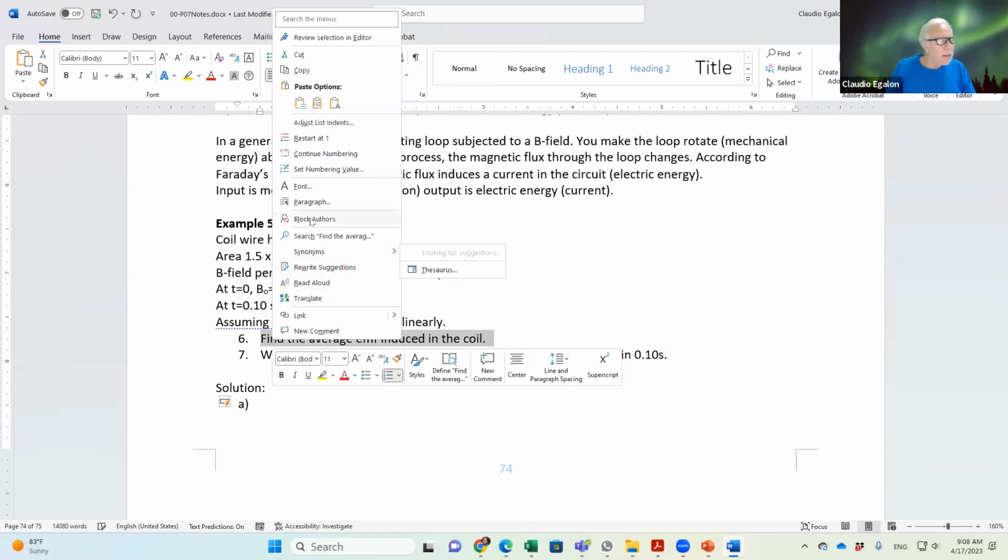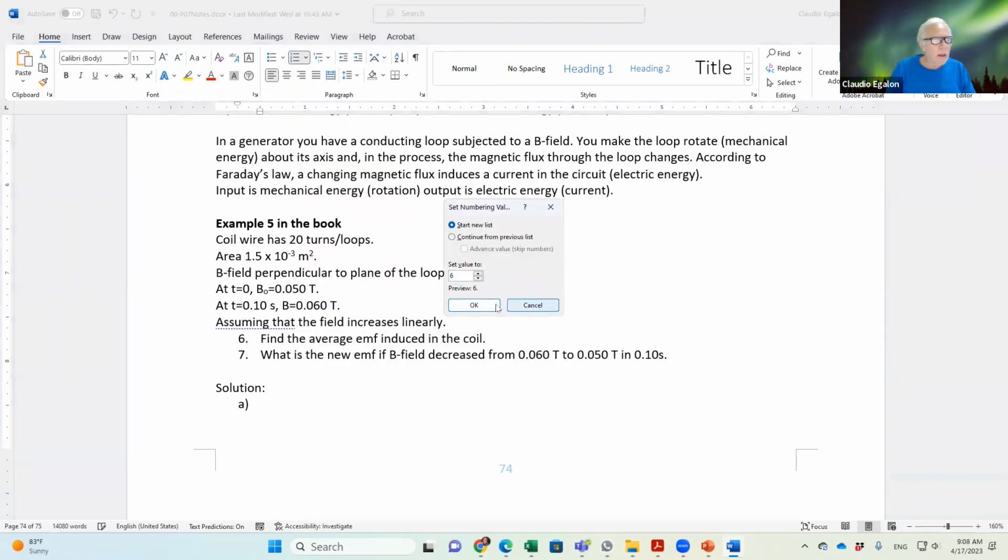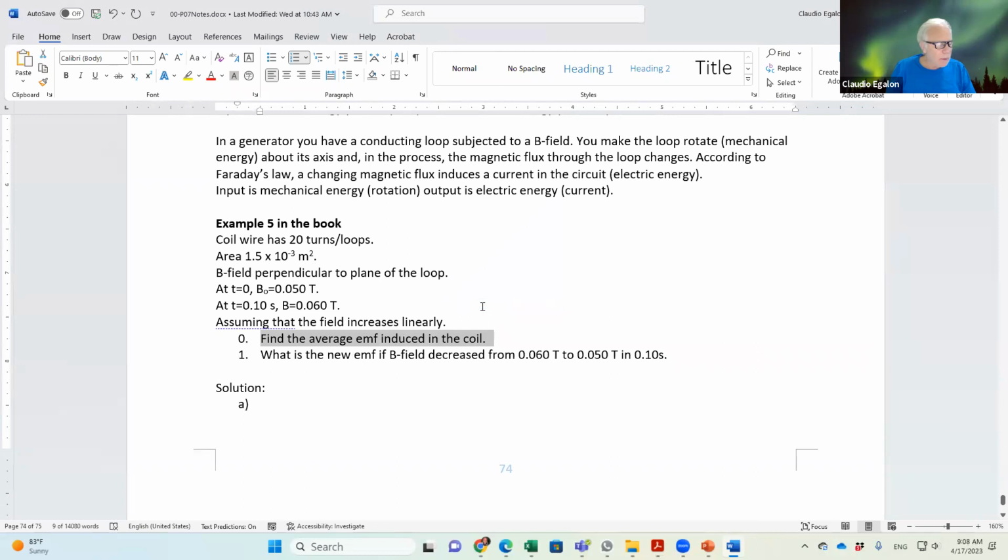I want that numbering value. I want to put A here. Nope. Okay, didn't help. Let's get someone else in here. Yeah, let's put back there.